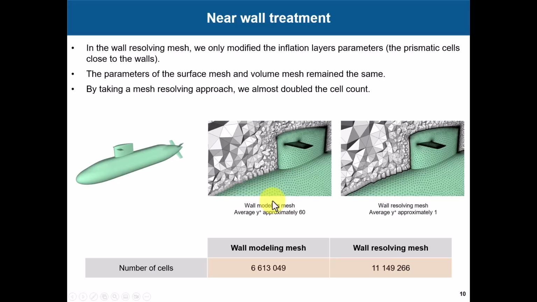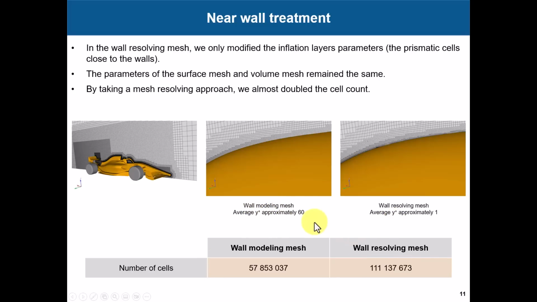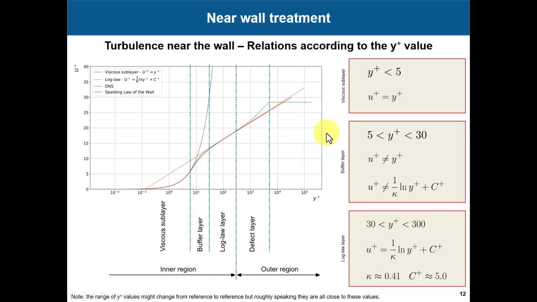Here we go, now another geometry, a submarine, 60 and 1, and you kind of follow that relationship that you double. And here it becomes even worse, from 50 million to 100 million, and now think about going from 100 million to 200 or 300 million, it gets very expensive. So that is the idea of the wall modeling: save computational resources, but still get the same solution.